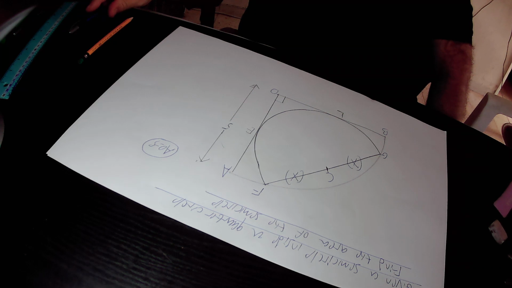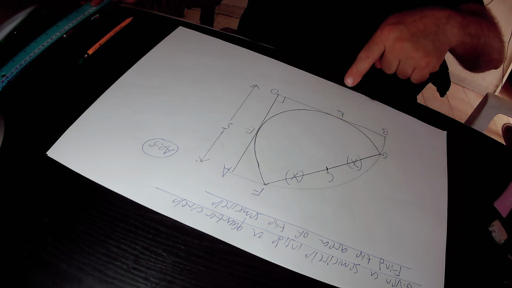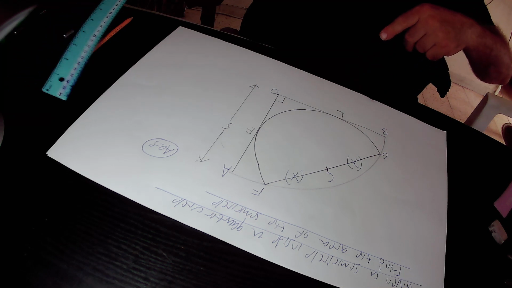In the next step, we will join points C and L together by a straight line.